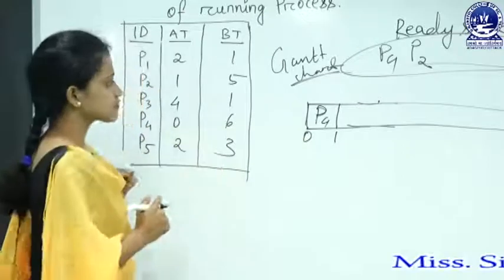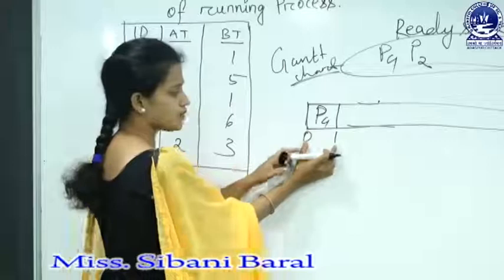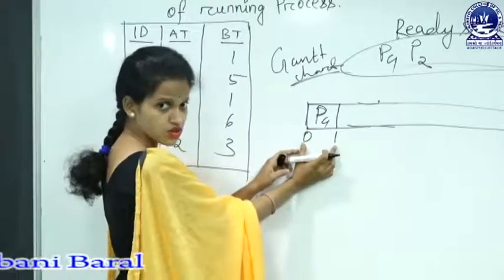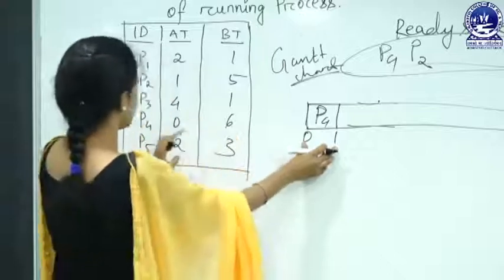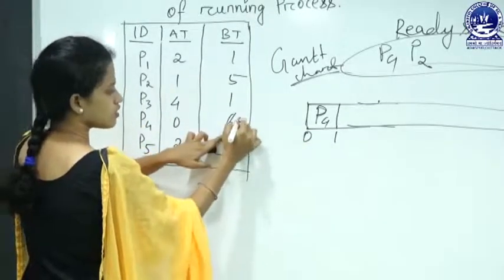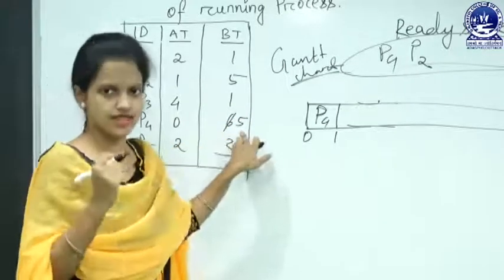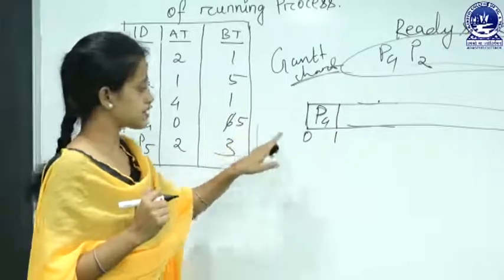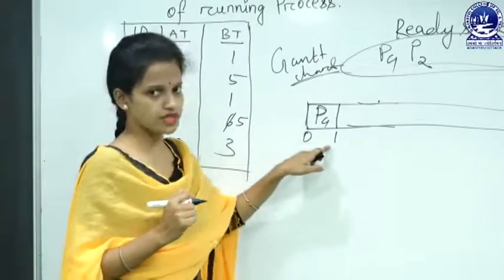And as P4 has completed 1 millisecond of execution, you have to update the remaining time. So P4 has 5 milliseconds to complete its execution, as it has already completed 1 millisecond.